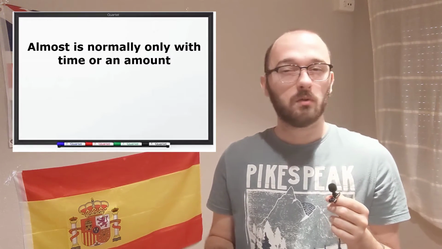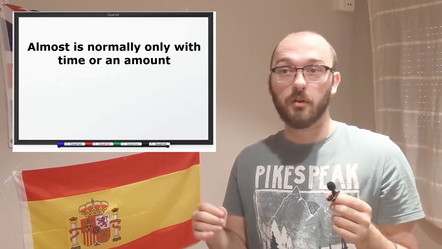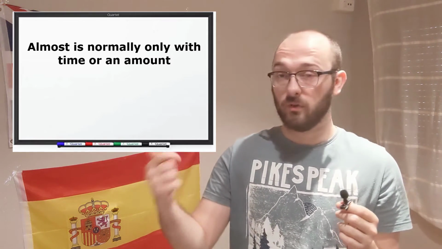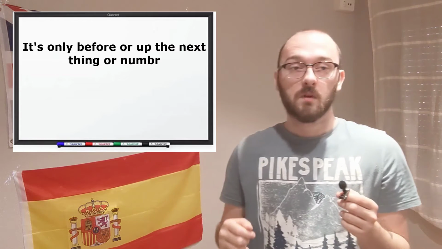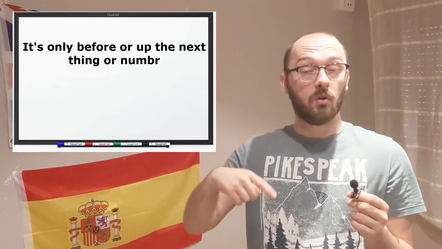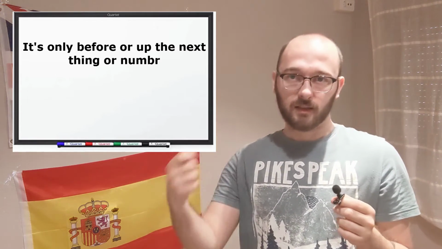We normally only say almost with a number, amount or time, for example, and it's only before or up to the next thing. It's also only if we know the answer. If we say or so, or if we add the suffix ish, then it's a guess. We still don't know the answer ourselves.